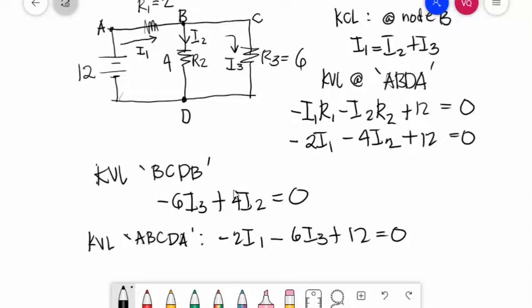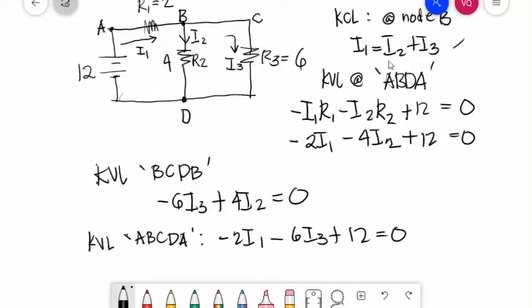You can use substitution or elimination, depending on you. From here I will use substitution. I will use the KCL. Of course, you need to use this one. Incorporate KCL in KVL. We have I1, I2.